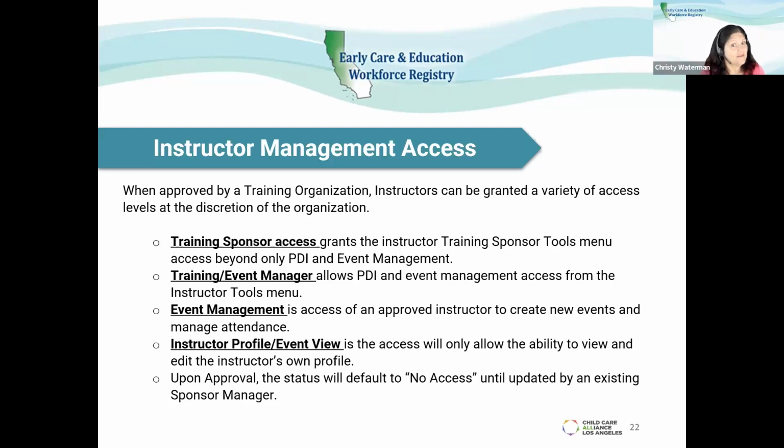That also would grant them access to instructor management. So those are usually not the typical access level granted unless it's an employee who's also an instructor. So we just wanted to make sure that you are aware what those different levels of access mean when you are going in to approve your instructors and grant them different levels of access.